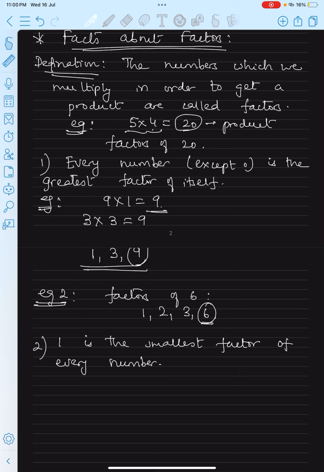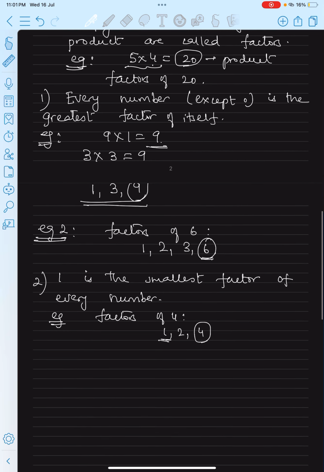If I write the factors of any number, 1 is there and 1 is the smallest one. Suppose, for example, I say write down the factors of 4. Then we'll start with 1, 2 and 4. So 1 is the smallest factor and the greatest factor is the number itself. So this justifies the statement.